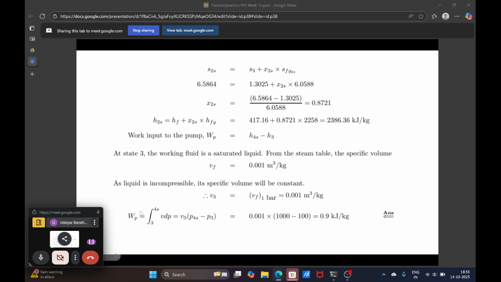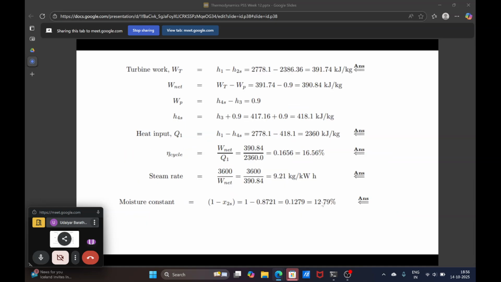So my pump work is the integral of VdP, which is specific volume into the change in pressure. That comes out to be 0.001 multiplied by 1000 minus 100, which is 0.9 kilojoule per kg.